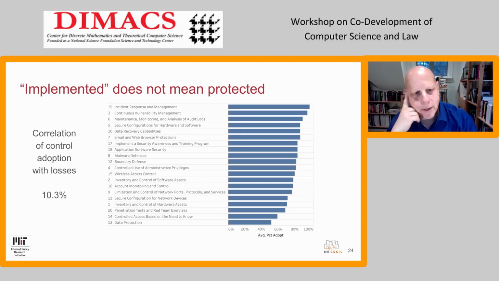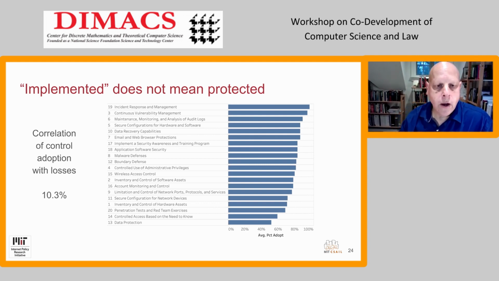One of the interesting things we found is that there were many cases in which controls that were implemented were also responsible for quite a lot of failures. So that says that we need to look more carefully at what it means to implement a control, whether we've got these categories properly defined, and whether the controls defined in this CIS framework, which is quite widely used, are even the right ones to look at.